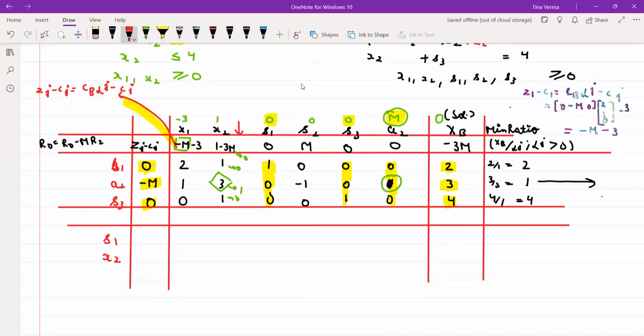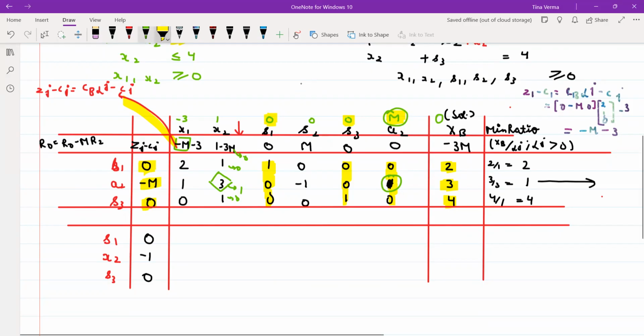On the place of A2, X2 will come, and on the place of S3 will come. The cost coefficient here is 0, and for X2 the cost coefficient is -1, and S3 cost coefficient is 0. In some of the books, they don't write these entries. That is your CB. That is not even necessary. आप चाहे लिखो चाहे नहीं, because you are getting this only when you are solving this, right?